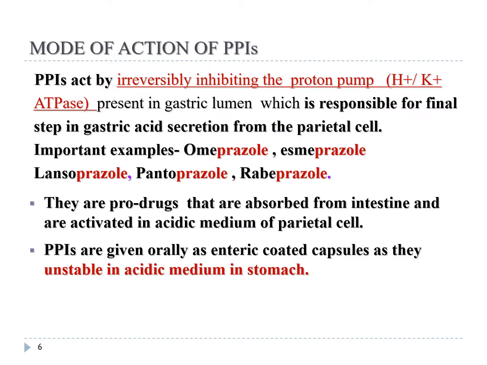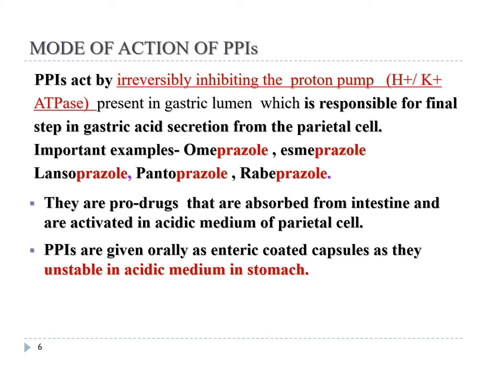Let us see the mechanism of action of PPIs. PPIs are prodrugs, that is they are activated to the active drug inside the body. They are acid labile and therefore have to be enteric coated before giving them orally as tablets or capsules.